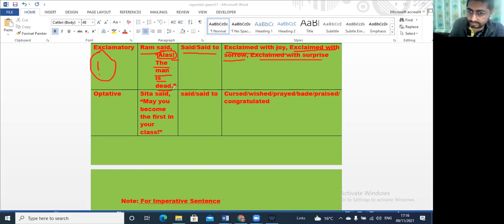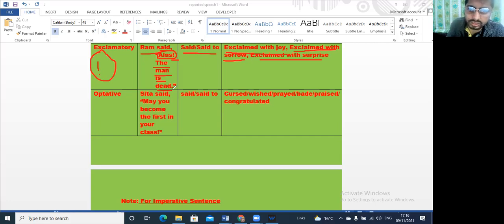It's really pathetic. That's why it is full of sorrow. That's why it deals with exclaimed with sorrow. Said is changed into exclaimed with sorrow because it represents alas, the man is dead. Alas, oh, oh God. These all words represent the meaning of sorrow.